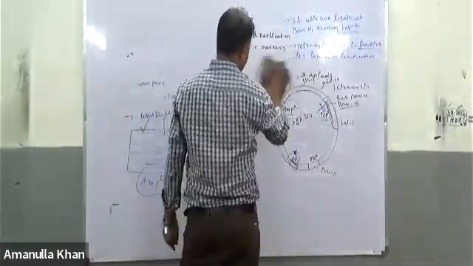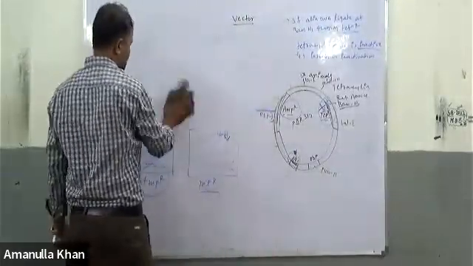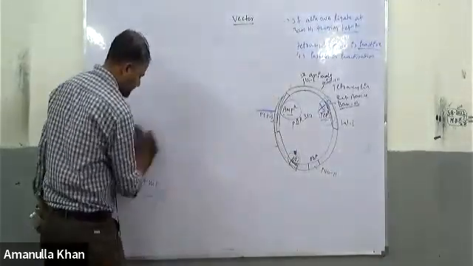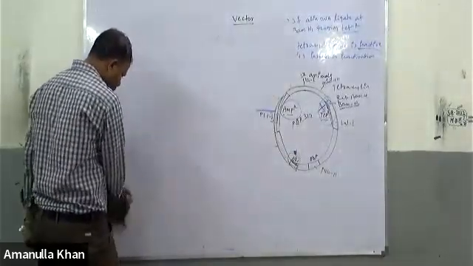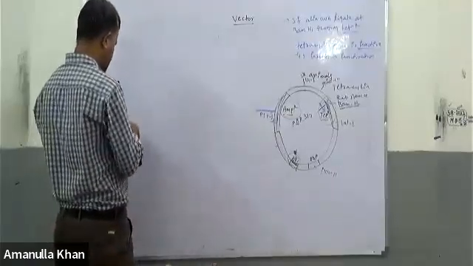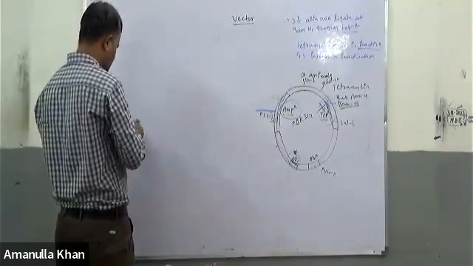Now we see this beta galactosidase enzyme, its function and its nature. Beta galactosidase enzyme is chromogenic in nature. Chromogenic means it gives a color.